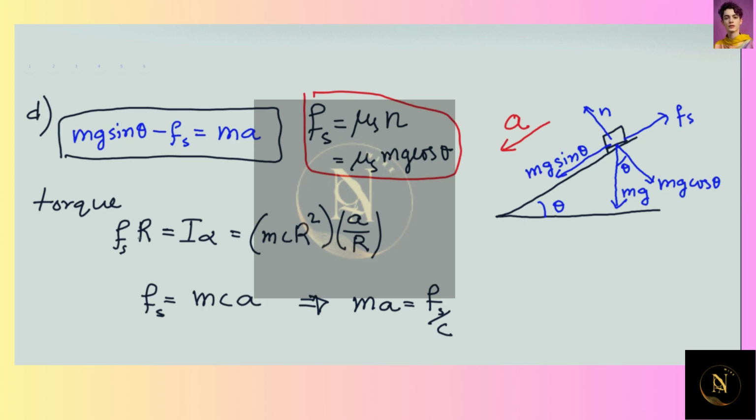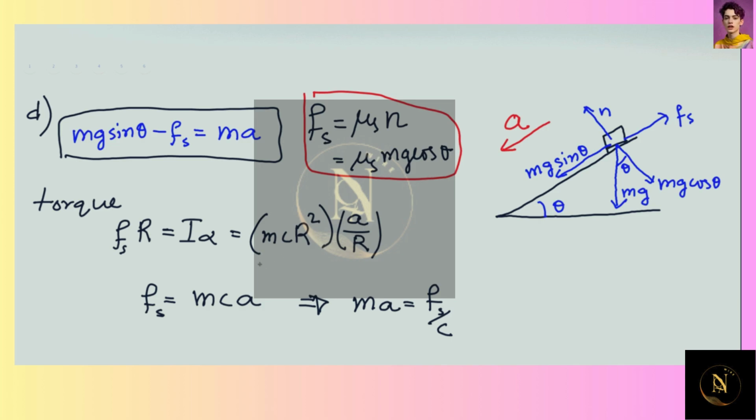We multiply that with the radial vector to get the torque, and that should be equal to the center of mass moment of inertia times alpha. For the rolling without slipping condition, alpha should be a over r, where a is the linear acceleration. And from the previous parts, we have already seen that I should be equal to m c r squared, where c will depend on different objects.